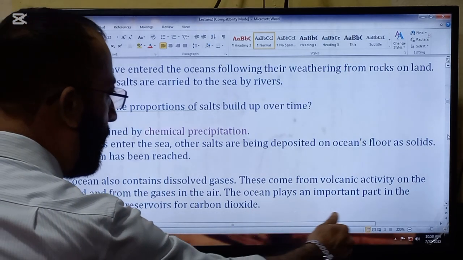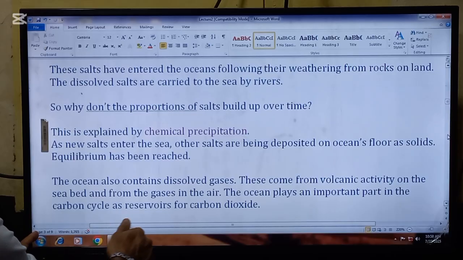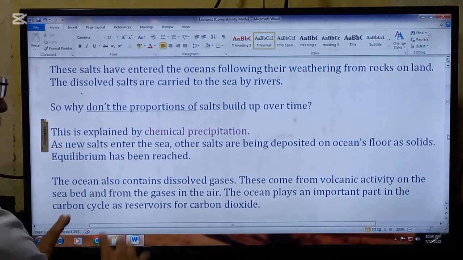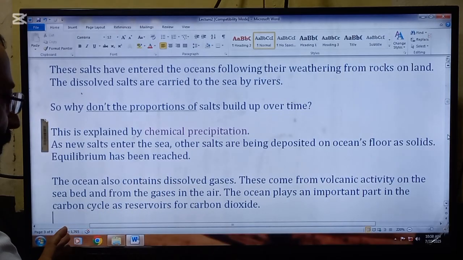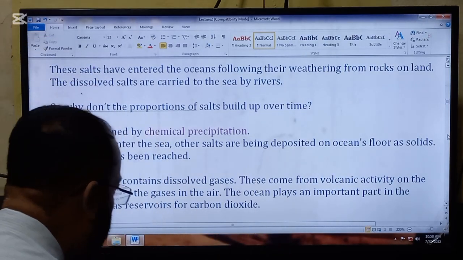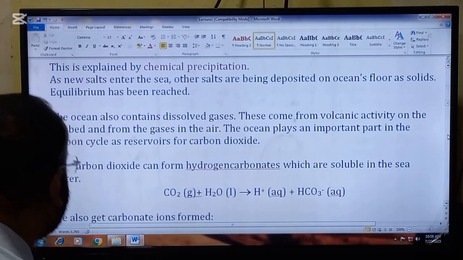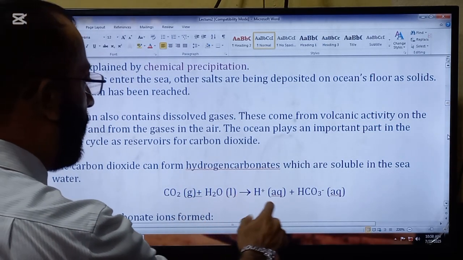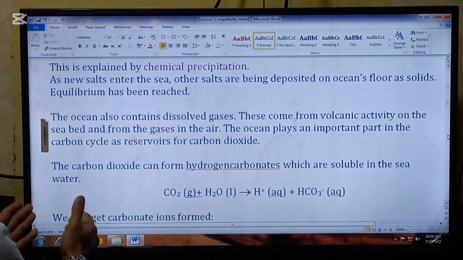The ocean plays an important part in the carbon cycle as a reservoir for carbon dioxide. So this is the reason the ocean water is a big source of dissolving carbon dioxide, and how the carbon dioxide cycle is maintained. The carbon dioxide can form hydrogen carbonate, which is soluble in the seawater.